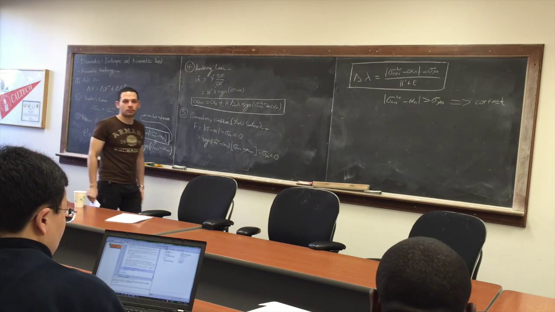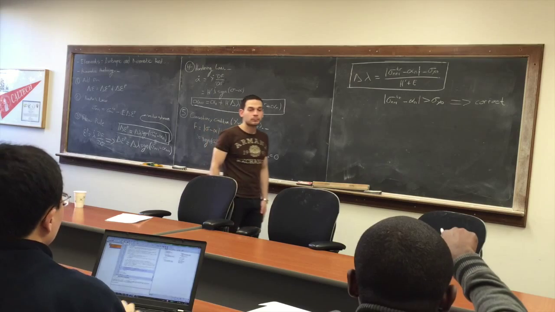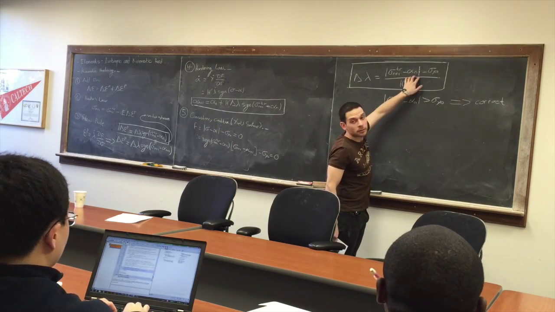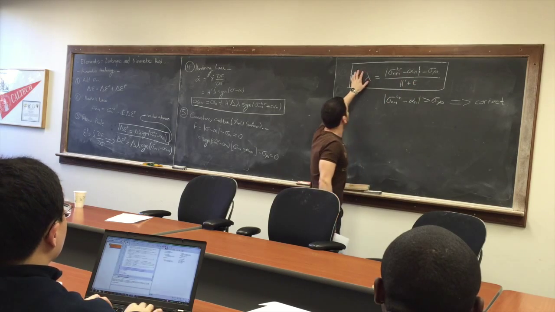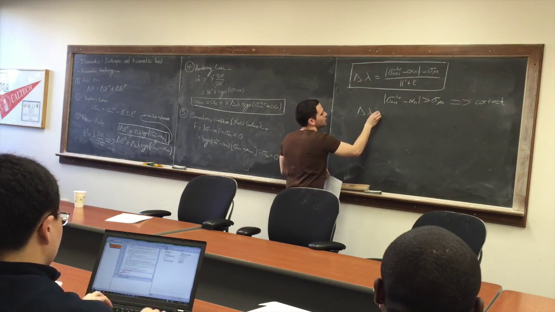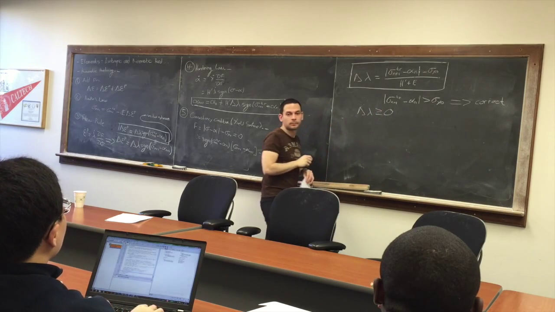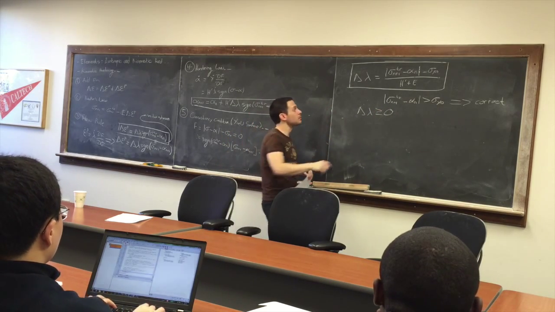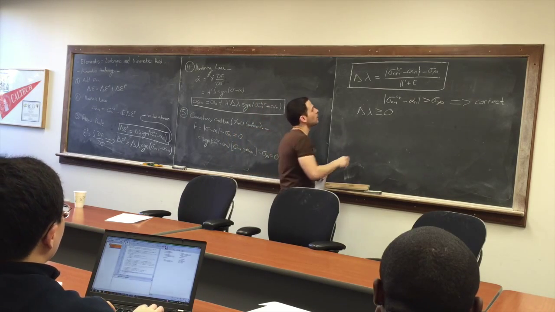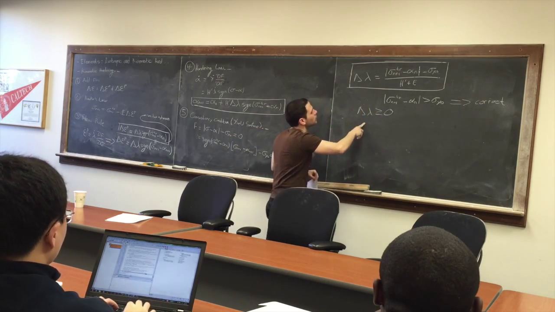Any questions? Can you please repeat what you just said here? Yeah. So this is the numerator, right? In general, delta lambda has to be positive or 0. So when we compute it in your code, you go and make your own code.